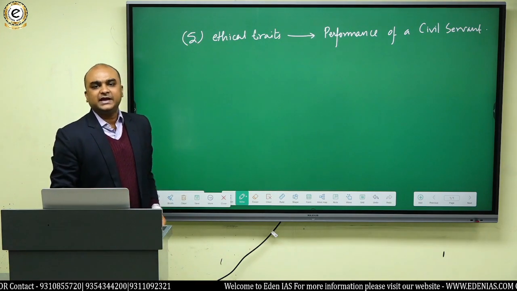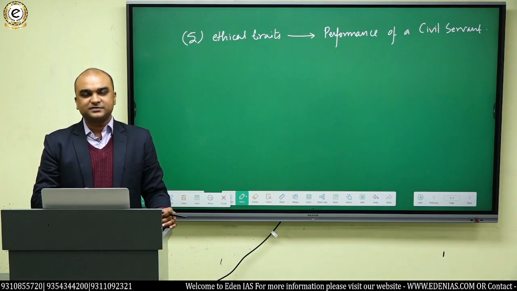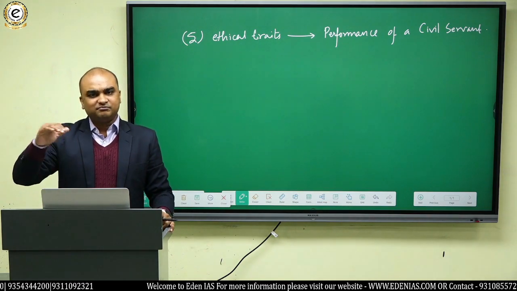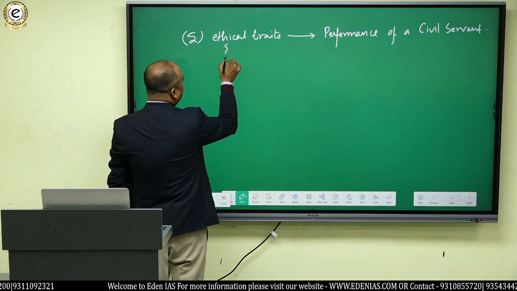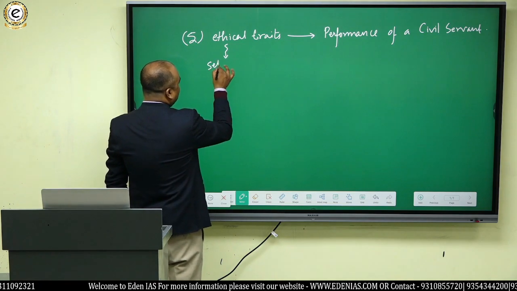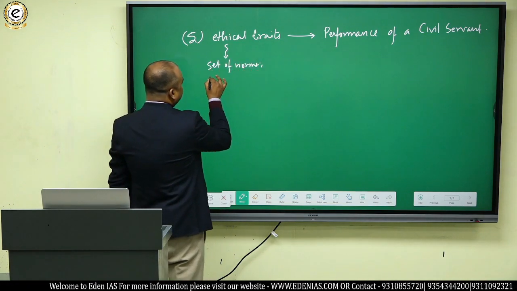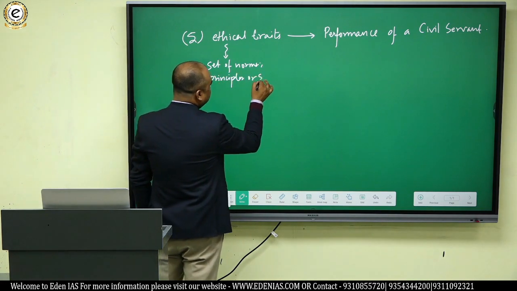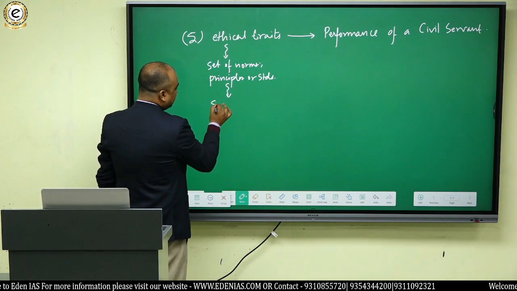Now you know, ethics is a set of norms, principles or standards that any system imposes over itself. So what is ethics? Ethics is nothing but a set of norms, principles or standards which any system imposes over itself.